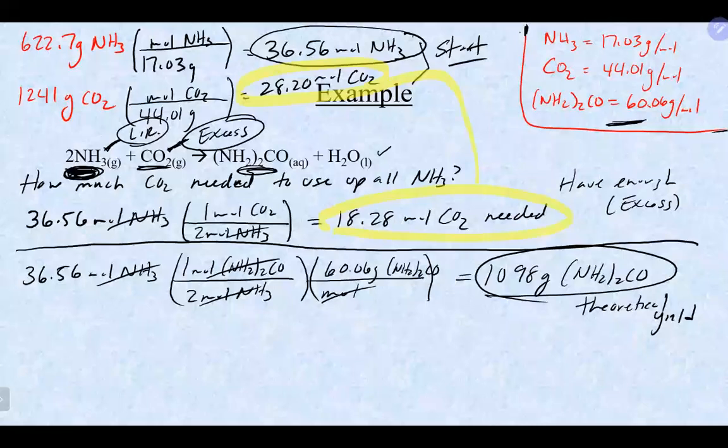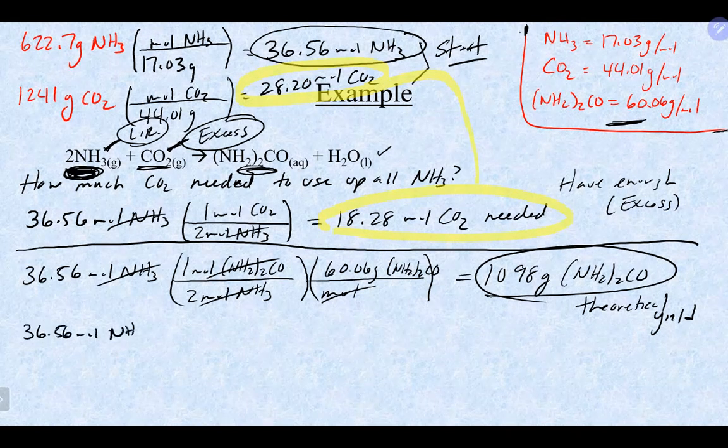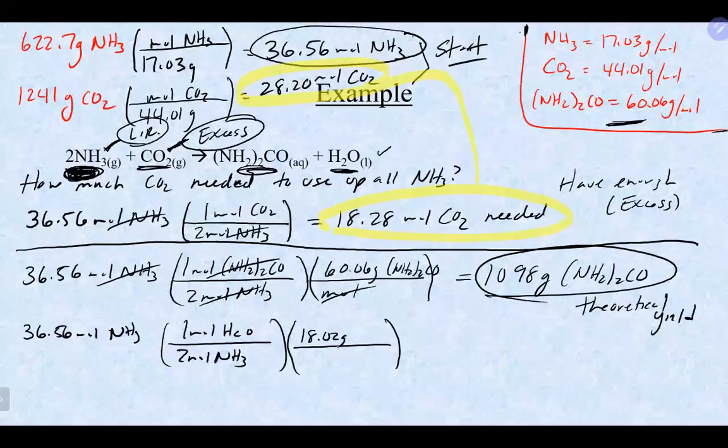What you could do is, for example, if the question was how much of both products you would produce, what you would do is a second calculation. Once again, you would use the limiting reagent, and you would do the mole to mole relationship between the limiting reagent and water in this case. And that would give you 2 moles of NH3 to 1 mole of water, which then you can use the molar mass of water, which is 18.02 grams per mole from the periodic table.